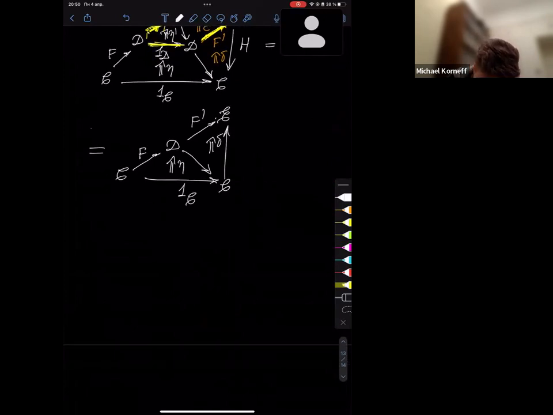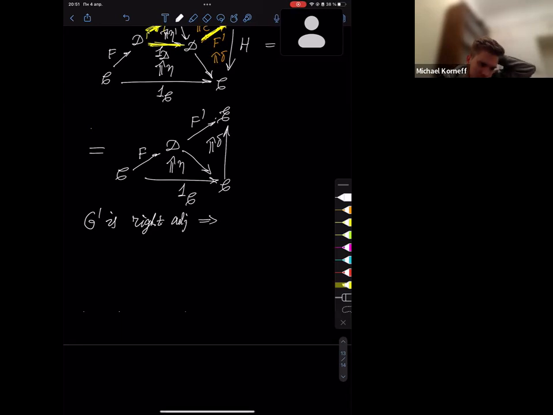We notice that G prime is a right adjoint, and then it will preserve the right Kan extension.